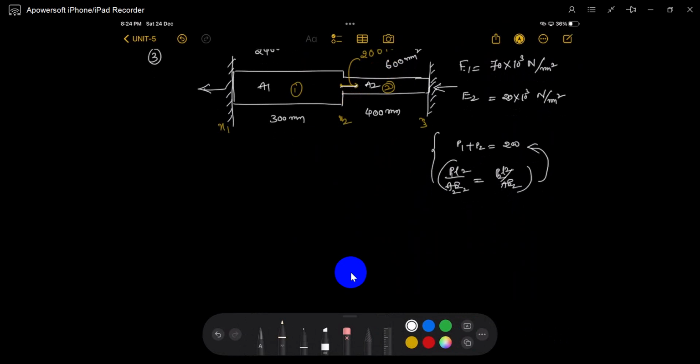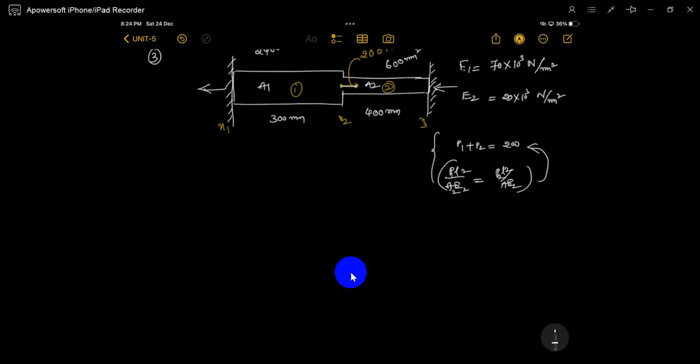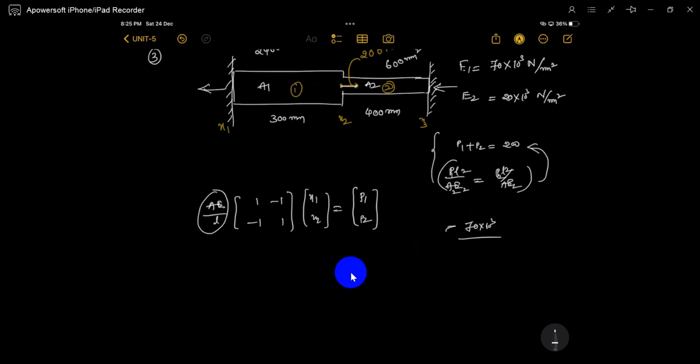For the first element, AE by L times the matrix [1 -1; -1 1] times u1, u2 equal to p1, p2. What is the AE by L for the first element? 70 into 10 cube, times area 2400, divided by length 300. What is that value? 56 into 10 power 4.